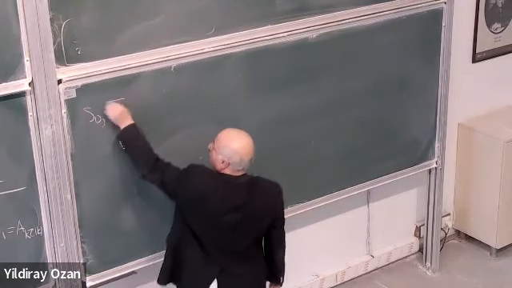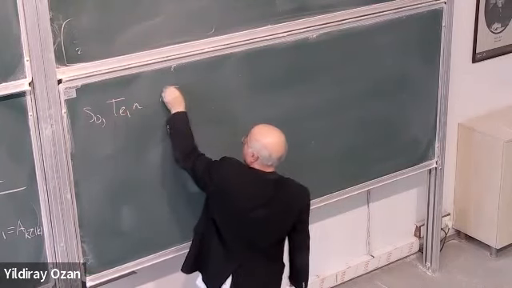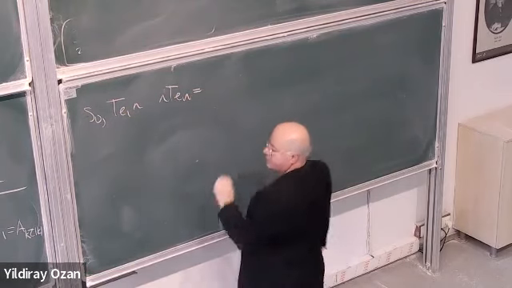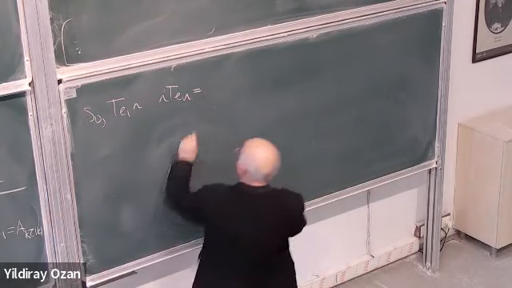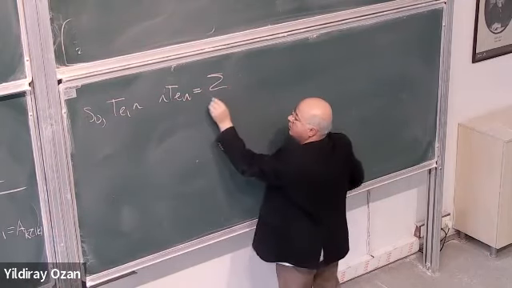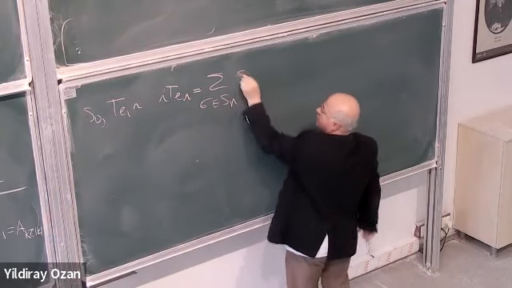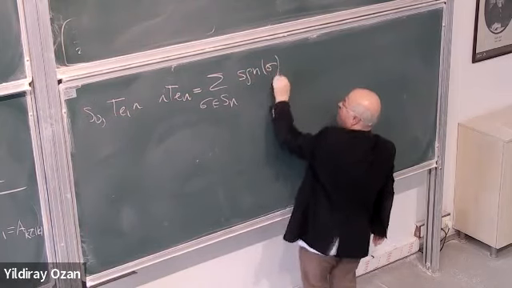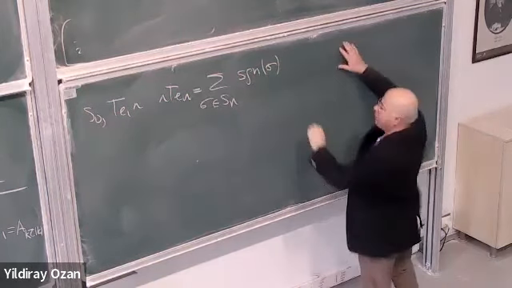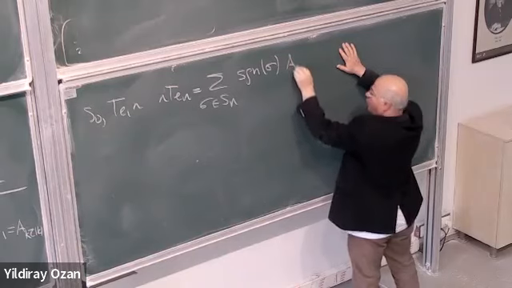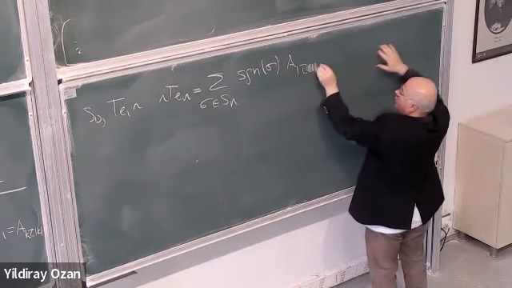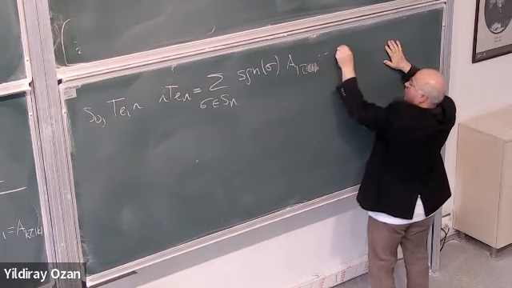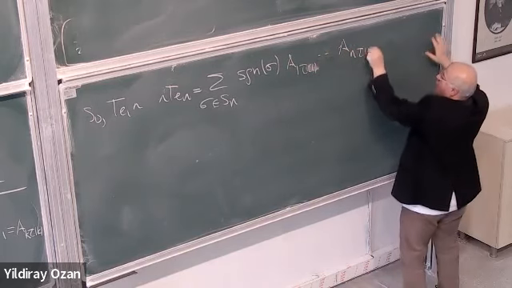T1, which T is just the summation of sign of sigma, and then here I have 1 tau 1 up to tau n.